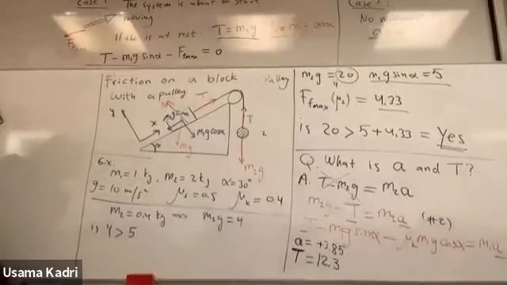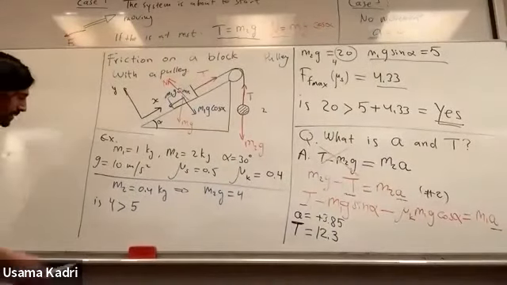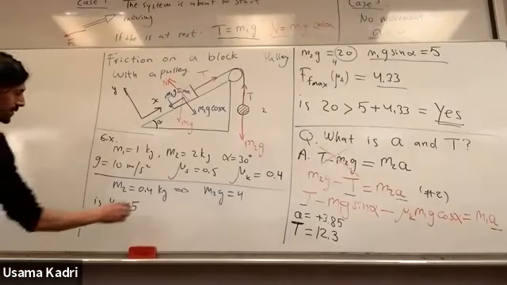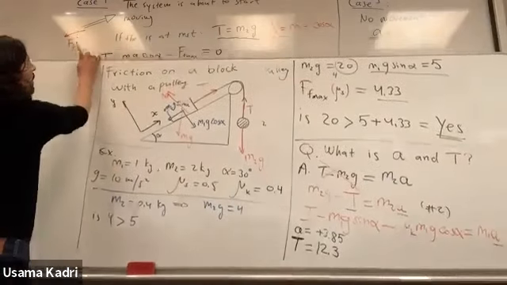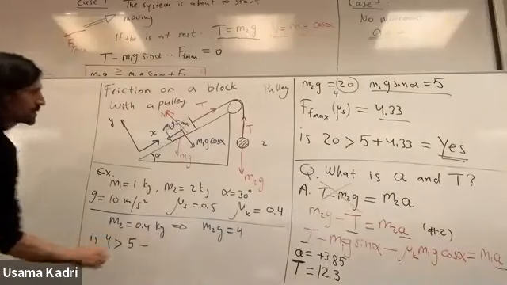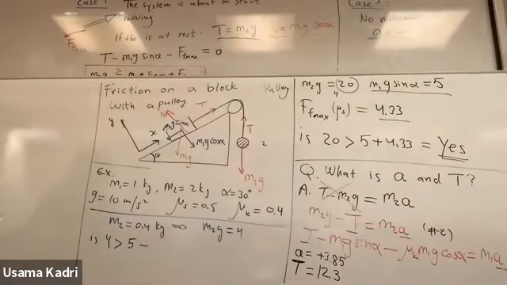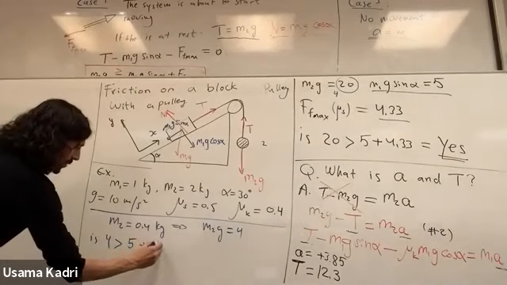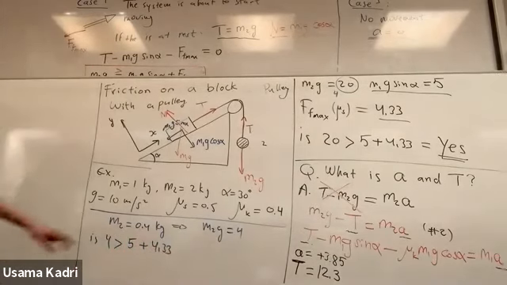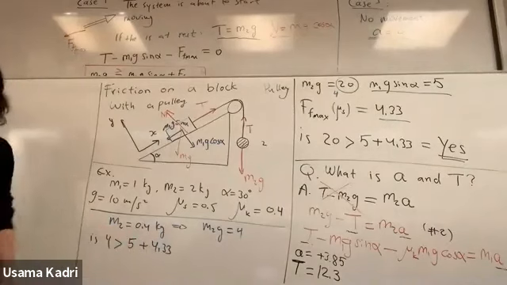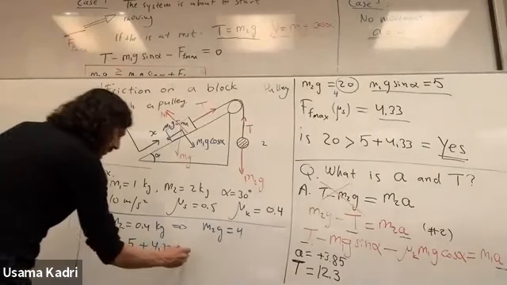So we ask ourselves in this new problem: is 4 larger than 5 plus F max, 4.33? Is 4 larger than 5 plus 4.33? Of course not. So no.